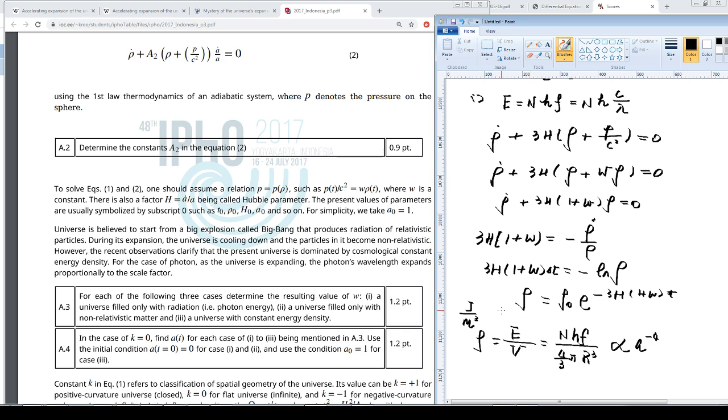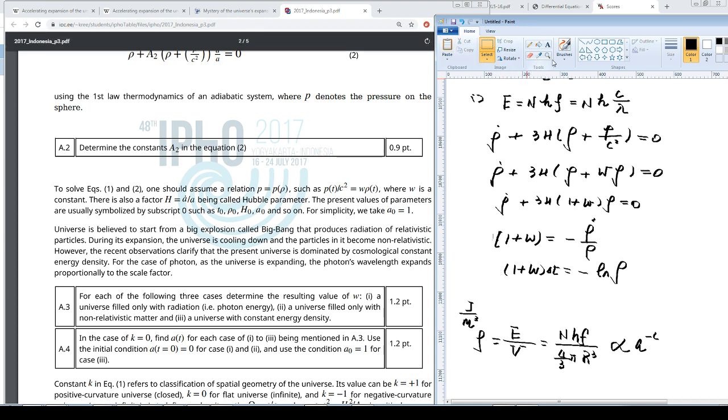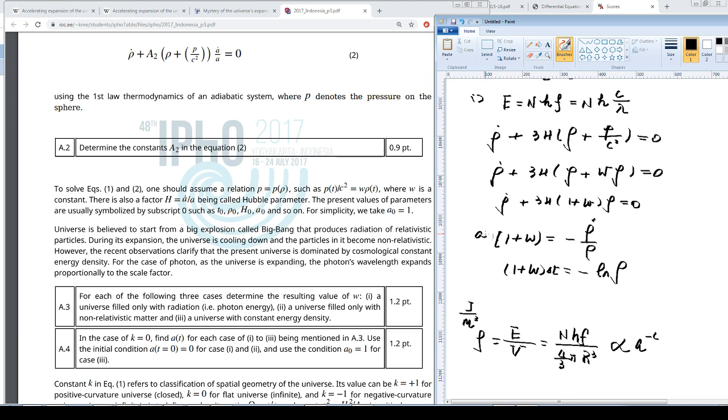Oh, I realized we cannot stay as h here. We better rewrite this, because h is a dot over a. So really we have another one, ln of a.